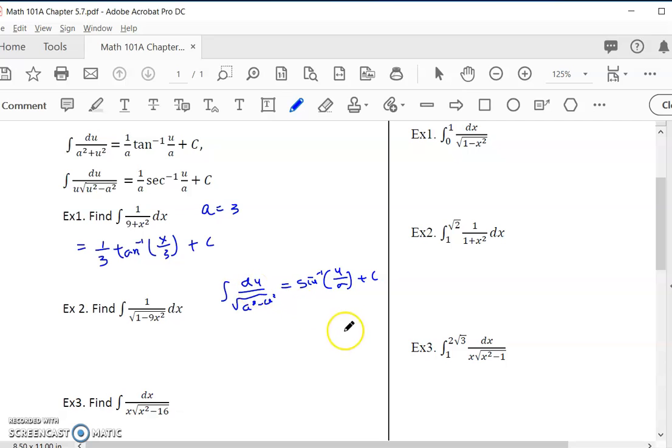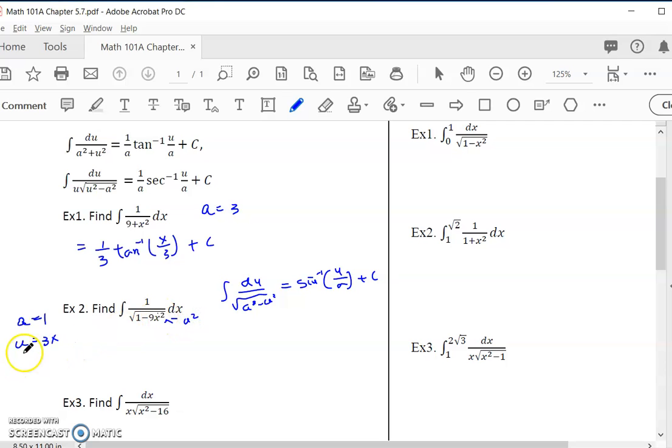My a is 1, and u is 3x, because 9x squared is u squared.